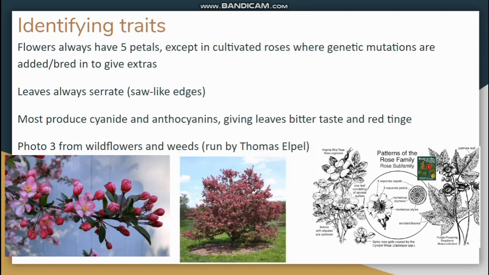So, a couple of things about the Rosaceae. The flowers are 5-petaled, and they have numerous stamens, which are the pollen-bearing parts. The stalks with the yellow bulbs at the end that yield the pollen.